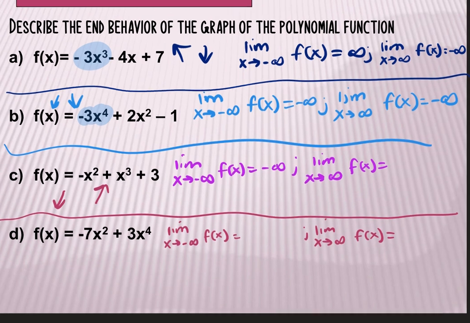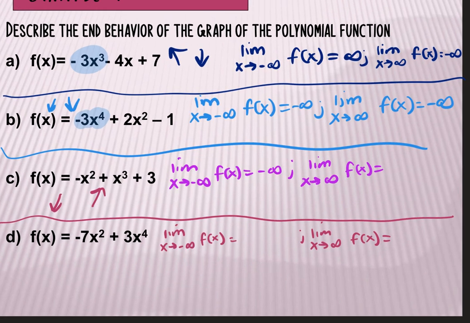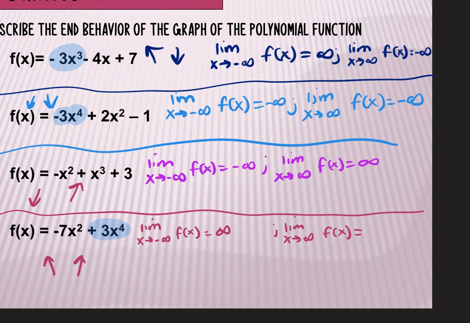And the limit as x approaches positive infinity, f of x would be positive infinity. And the last one, the leading term is positive 3x to the 4th, which means both up. So as x approaches negative infinity, f of x approaches positive infinity. And as x approaches positive infinity, f of x approaches positive infinity.